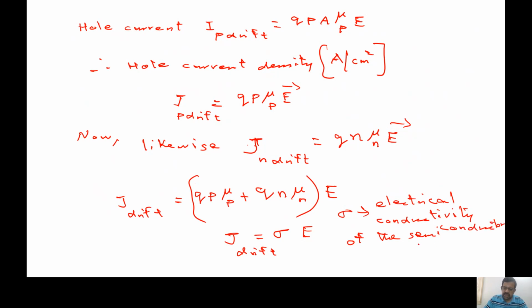J has a direction associated with it, and this J equal to sigma E is what is called the point form of Ohm's law.